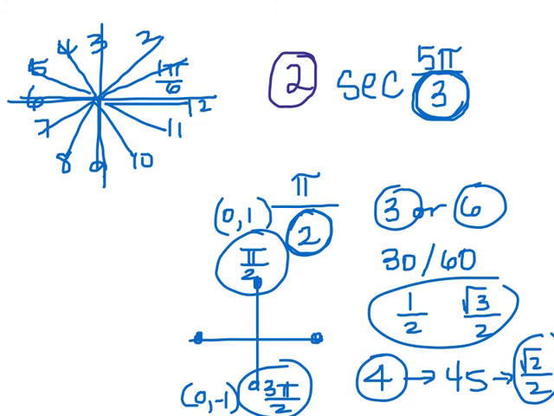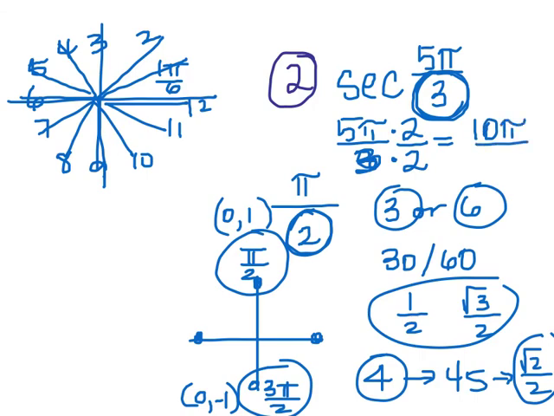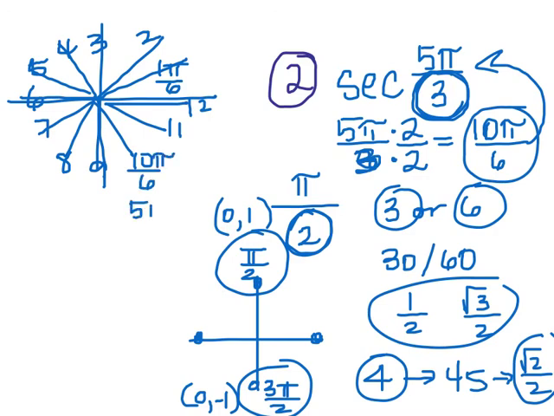So we could get the 5 pi over 3 to become 6 if we multiply the bottom by 2 and the top by 2. That's just an equivalent fraction that's equal to the same thing as 5 pi over 3, but we're going to call it 10 pi over 6, because that would reduce to 5 pi over 3 anyways. So we're looking for the 10 pi over 6, which is right here at the 10 spot. 10 pi over 6 is there, which is the same as 5 pi over 3.